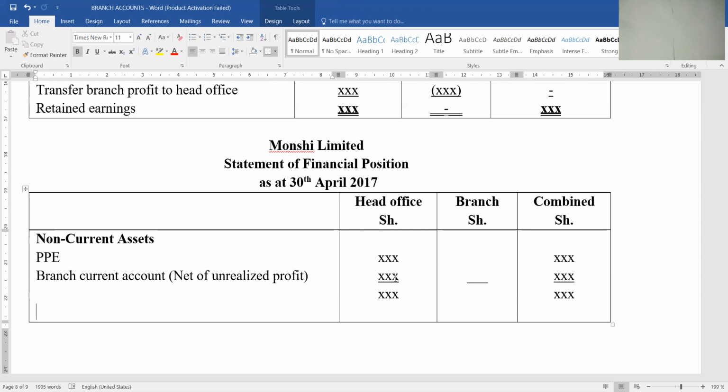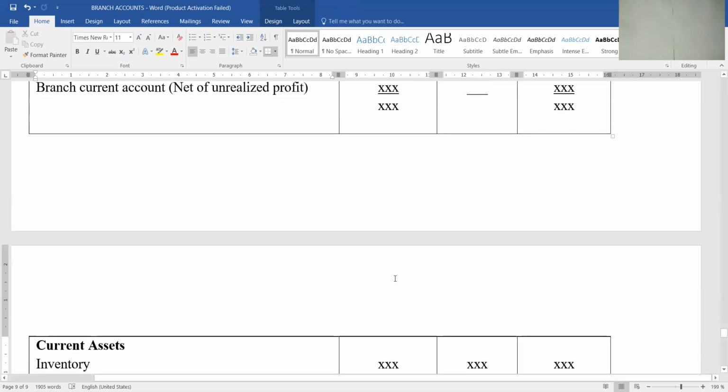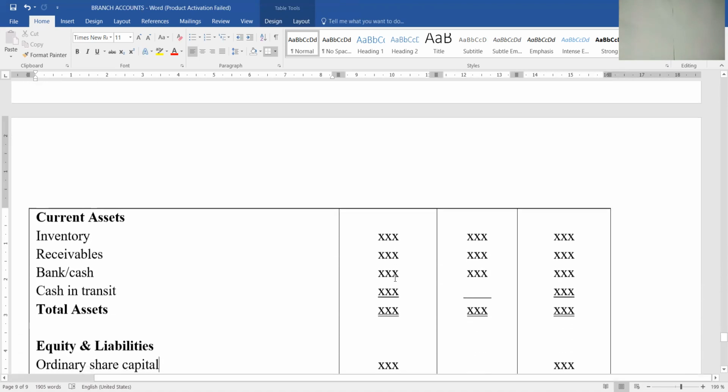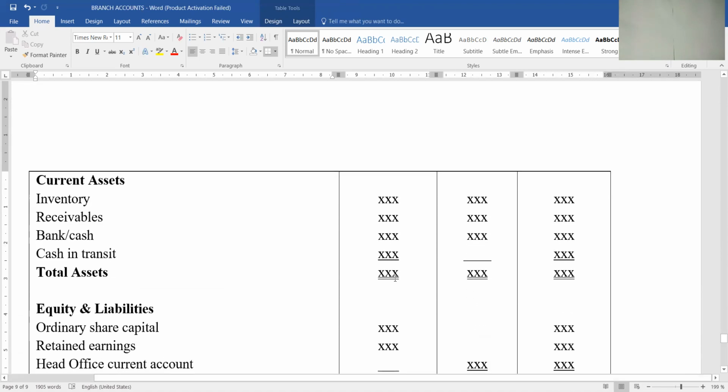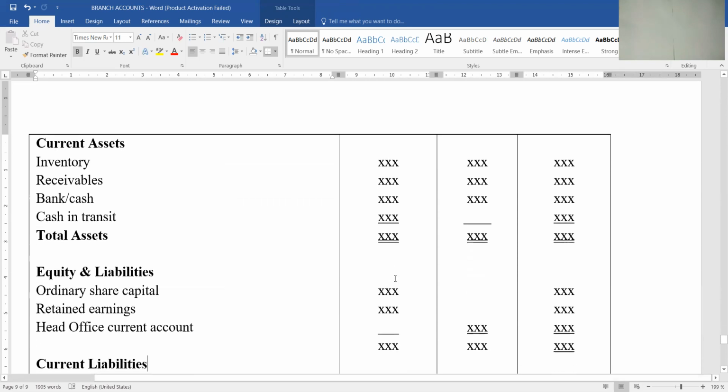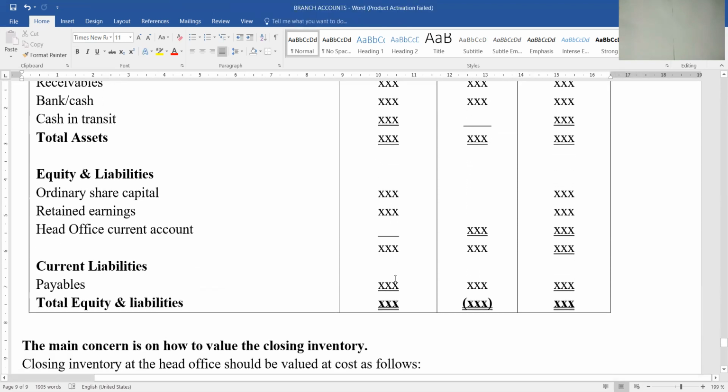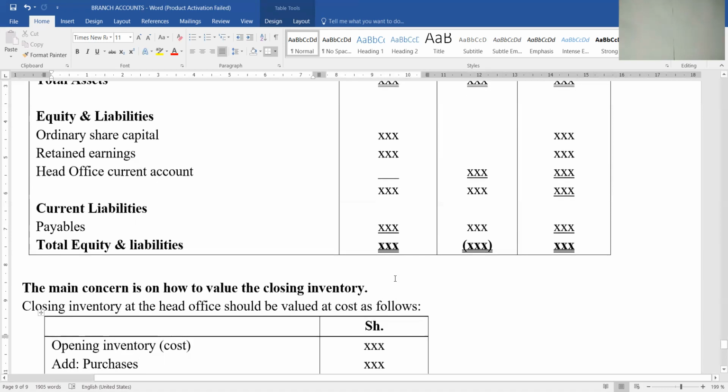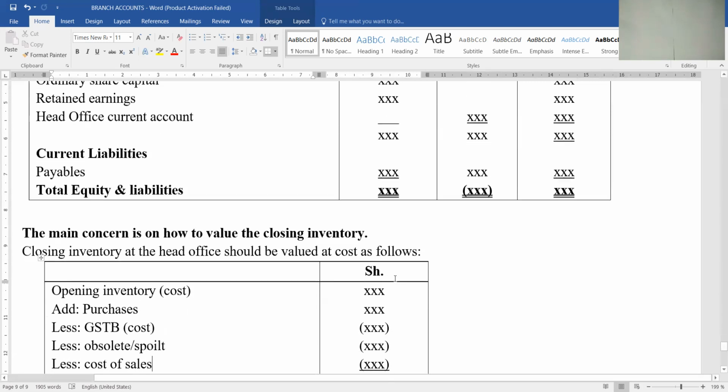So you check for the unrealized profit and it has to be subtracted there when you are recording your branch current account. Then for inventory, receivables, bank balance, cash in transit, that is direct. Ordinary share capital, retained earnings, then you have to record the head office current account. That is fine. Then current liabilities, you can go with payables.